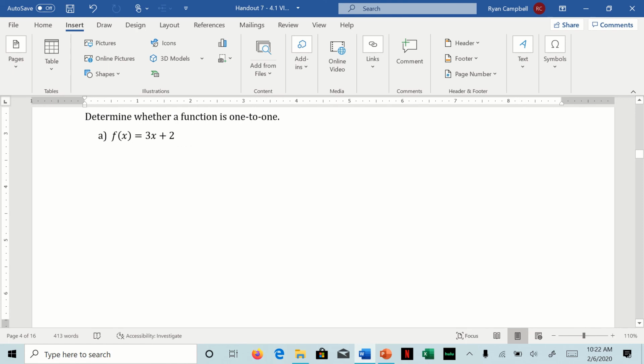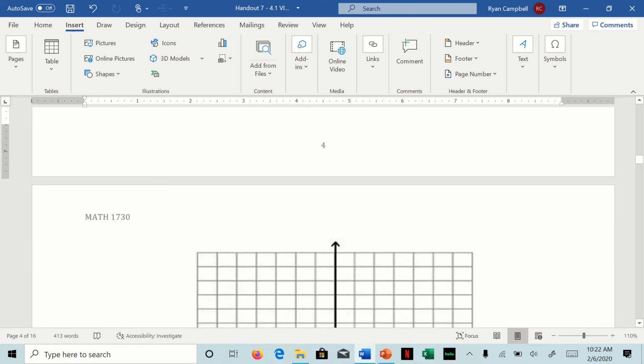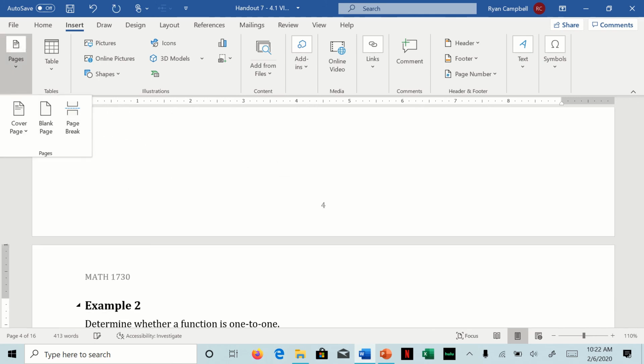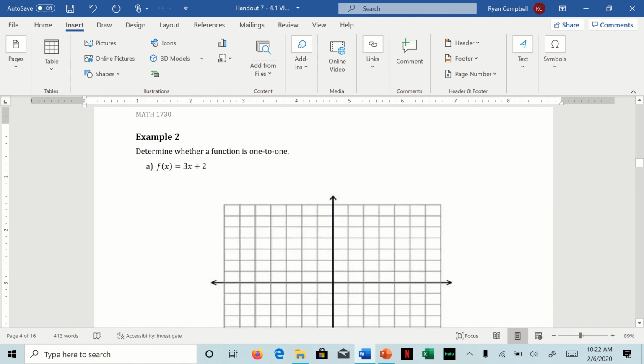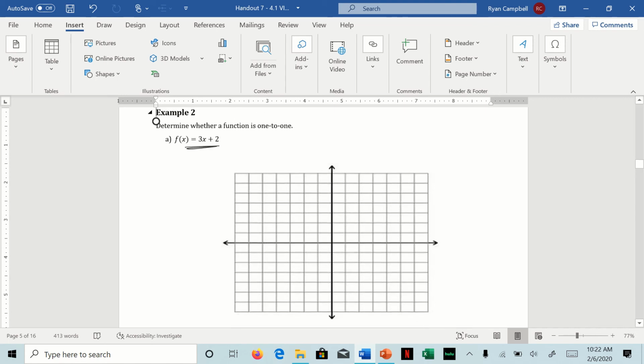So let's graph these functions and determine whether each function is 1-to-1. First, 3x plus 2. We should know how to graph that now. You start at 0, 2, that's the y-intercept.